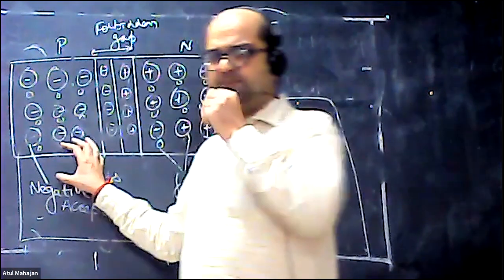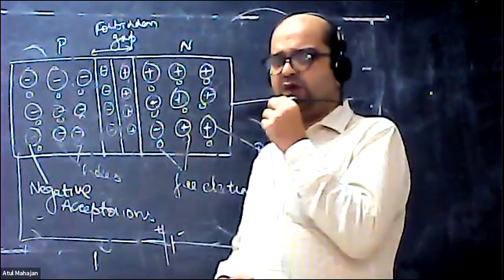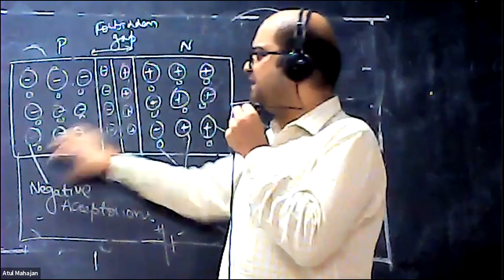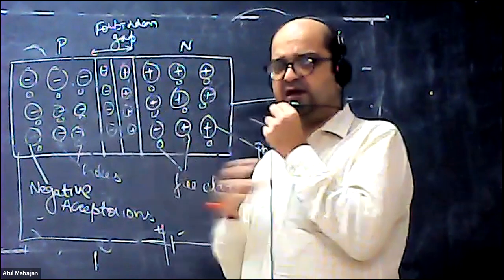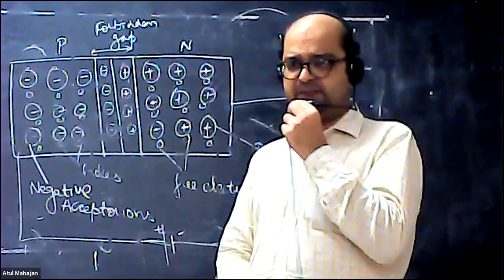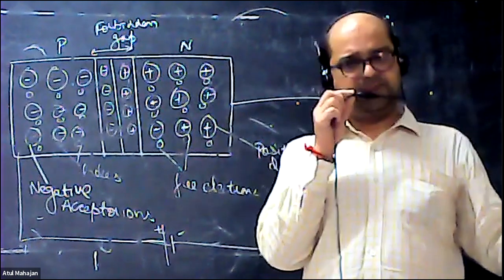So when the forward bias is provided to this diode, there is a combination of the donor and acceptor ions, and it helps in the conduction of the current. It actually happens for the free flow of the current.